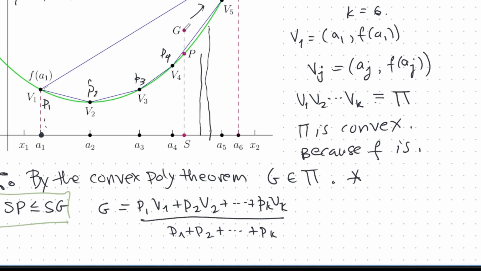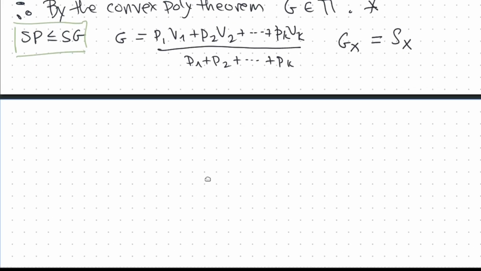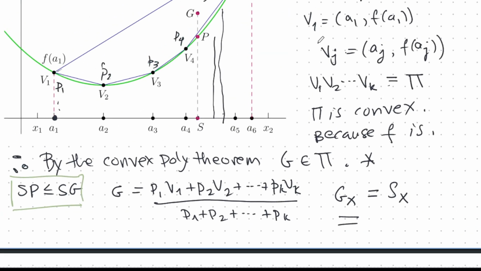Okay, so the x projection. Now we project G down to the x-axis, and we see that the x component of G has got to be the same as the x component of this point S. Same reasoning as before. We can then get the x component of S by plugging these vectors, these points, into this formula and taking the x part.